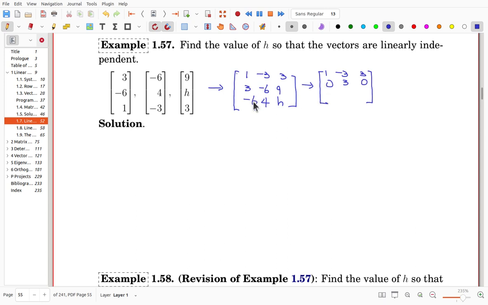And then 6 times added, there's a 0. 6 times added, so 18 is subtracted, so that is minus 14. And here 6 times added, right? So that must be h plus 18, right?